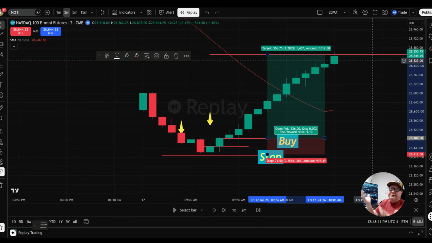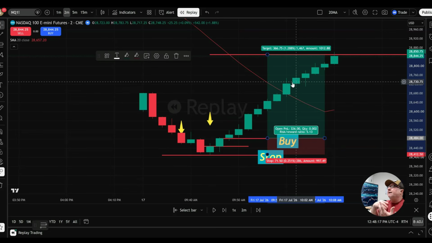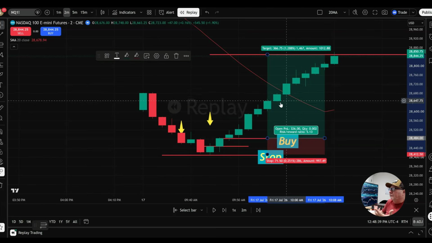And then I switch back to the 2-minute just to manage the trade. If it had stalled here and I started getting topping tails or what I call a hairpin turn, a bearish engulfing pattern, then I may have exited the trade earlier. But I got no indication on the 2-minute chart that the market structure was changing in any way.